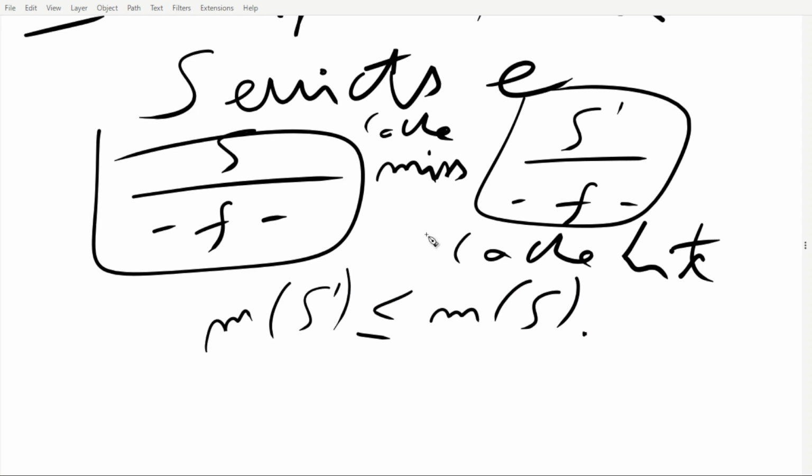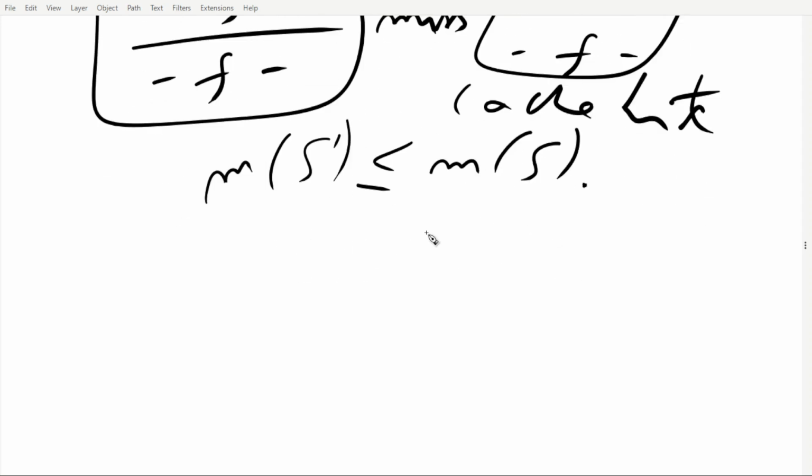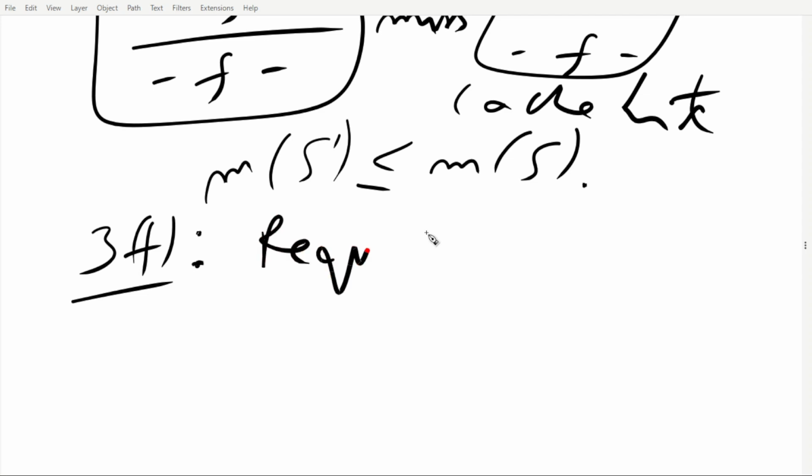Now the final possibility, 3F, is not possible. This is simply not possible because of the way the farthest-in-future algorithm works. So we write that a request to E is not possible.